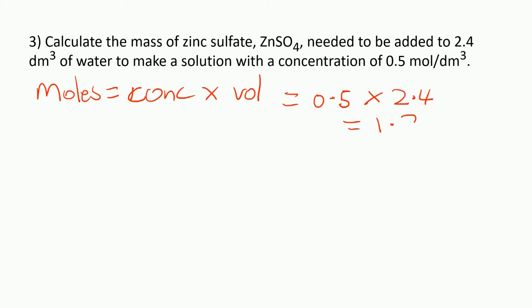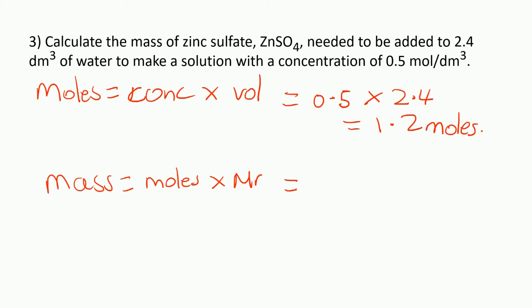So we need to dissolve 1.2 moles of the zinc sulfate in that amount of water, but it's asking for a mass. So we need to remember mass equals moles times Mr, which is 1.2 times the Mr of zinc sulfate.